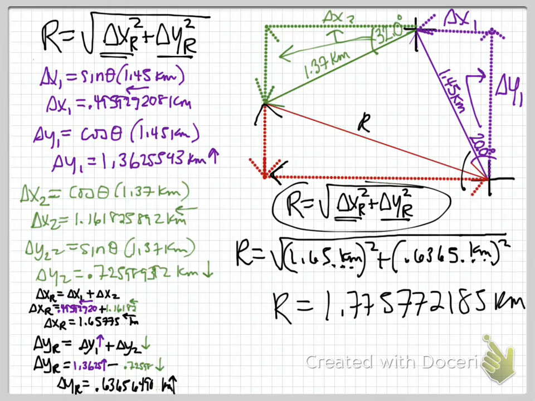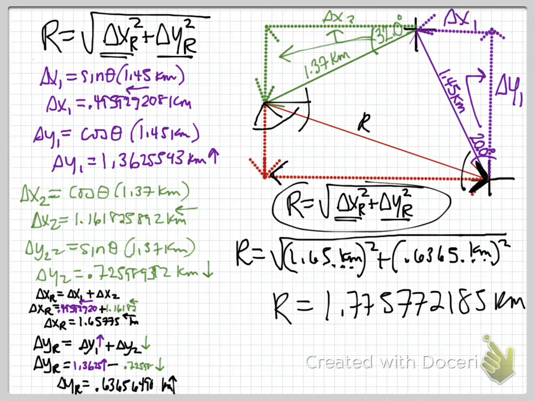But in this case, we're looking for the angle to go home. So we're thinking about this final vector with an arrow on it this way, which means we can do one of two angles. We can either do this shallow angle here or this deeper angle here.